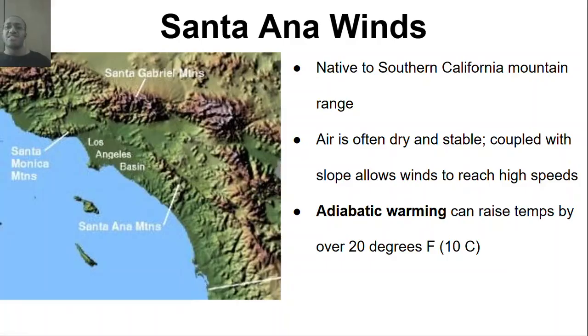These are native to the Southern California mountain range, and in this region the air is typically dry and stable, and you tend to have winds moving downward from high pressure systems that move up and then warm down and gain speed as they descend the steep mountain terrain in this area.